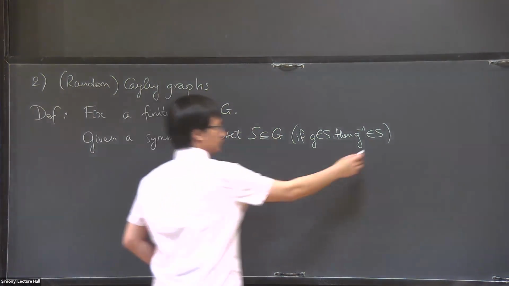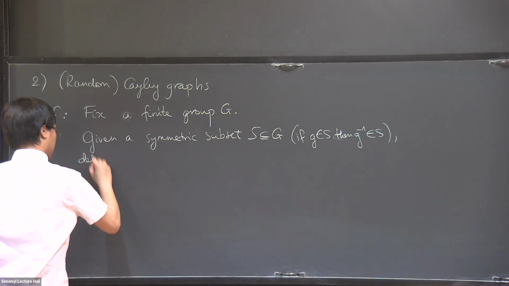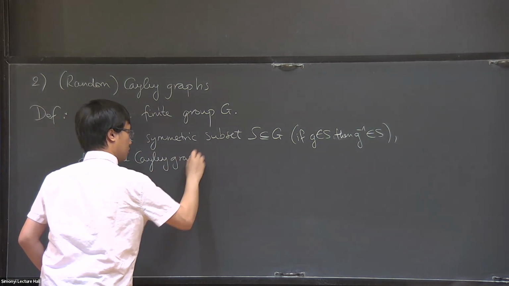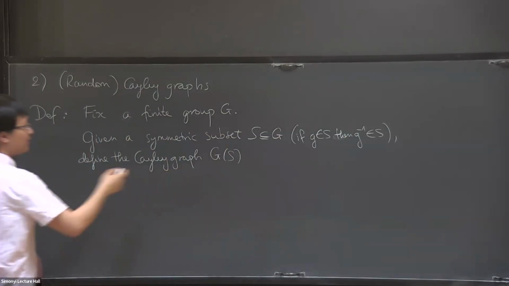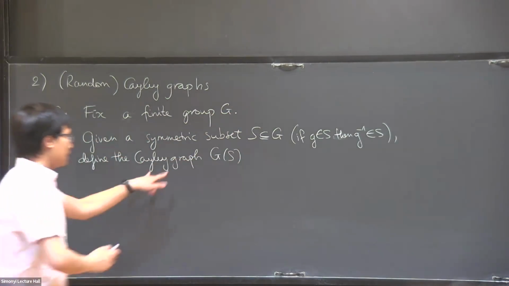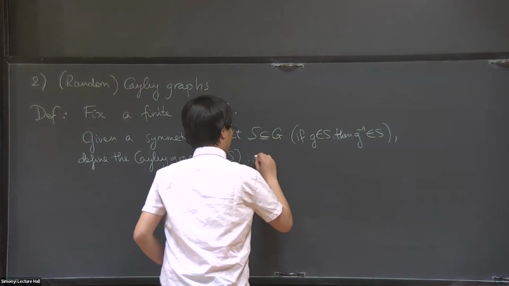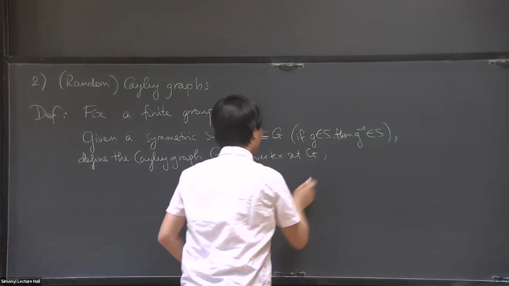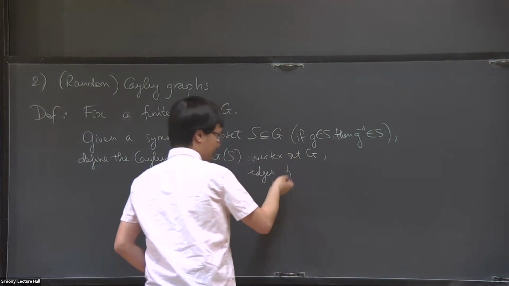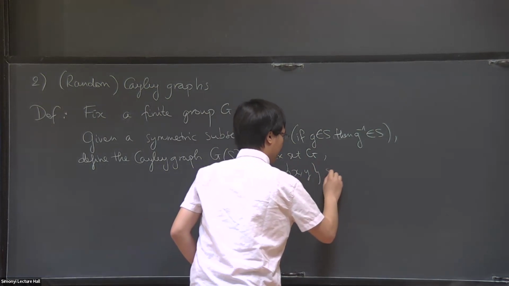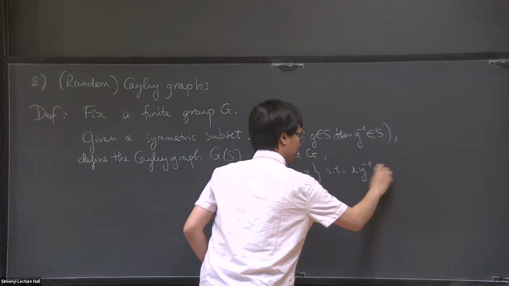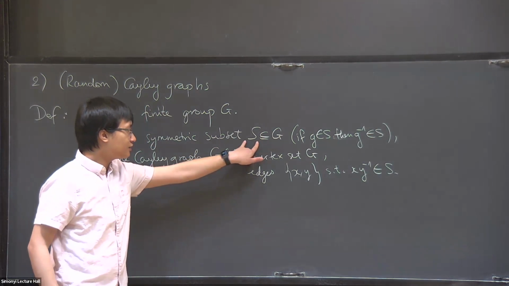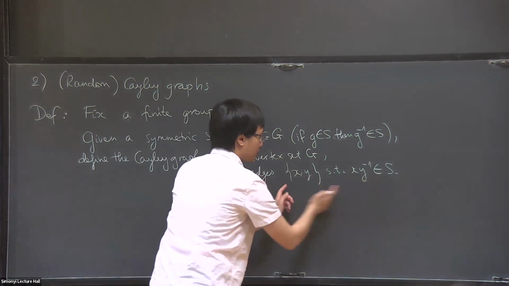Now we can define a Cayley graph G(S), which is a Cayley graph in the group G with the generating set S. And this is going to be a graph which has vertex set just the group elements G. And the edges of this graph are going to be all of the pairs of group elements x, y, for which x times y inverse is an element in the generating set S. So we see that this symmetry condition on a subset S is simply just to ensure that this graph is going to be an undirected graph.